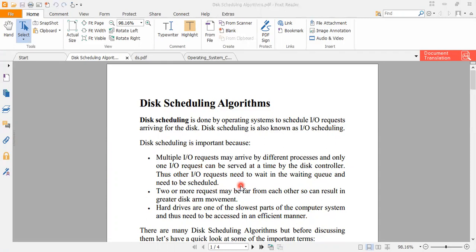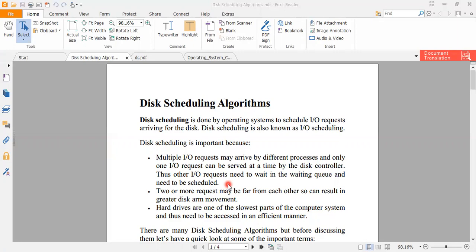Now, when I/O requests are waiting in the wait queue, there must be some policy to serve the next waiting I/O request. That's why we use some kind of scheduling algorithms that apply on the I/O requests.